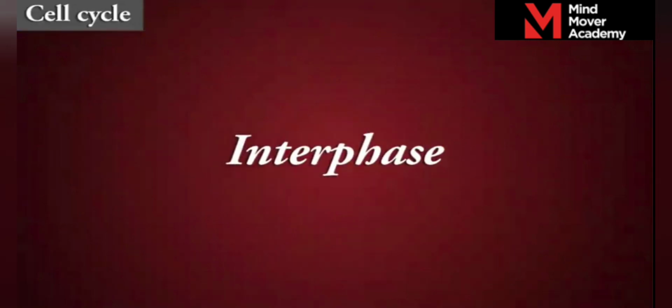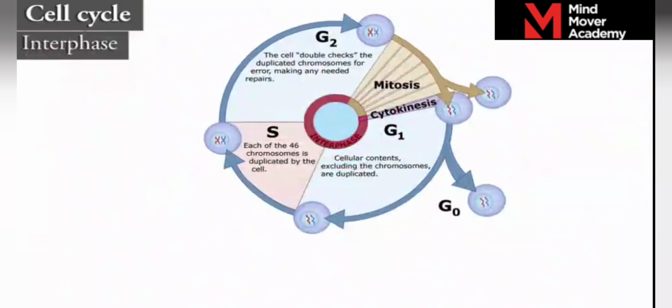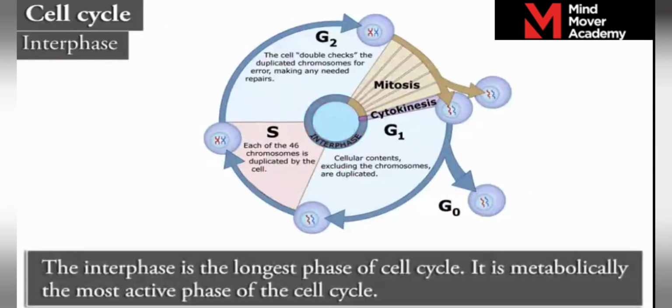Interphase. The cell cycle starts with the interphase, during which a cell prepares itself for cell division. The interphase is the longest phase of the cell cycle. It is metabolically the most active phase of the cell cycle.